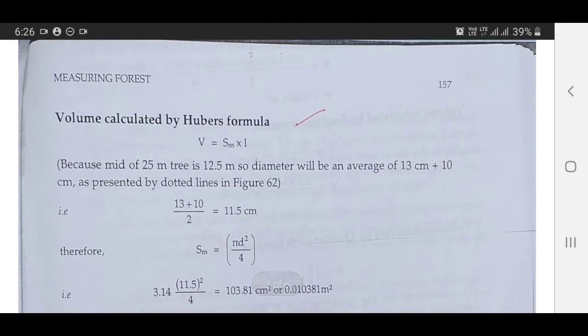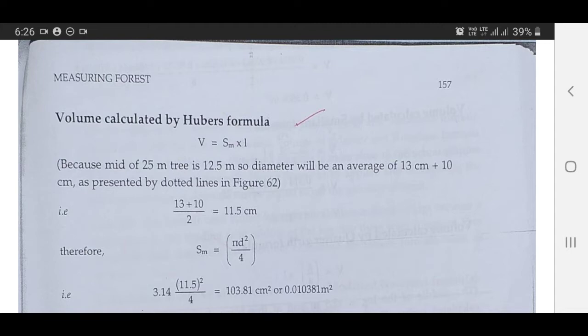Volume calculated by Huber's formula, V is equal to Sm into L. Because mid of 25 meter tree is 12.5 meter, diameter will be an average of 13 centimeter plus 10 centimeter as presented by dotted lines in figure 62. That is 13 plus 10 divided by 2, it comes to 11.5 centimeter.